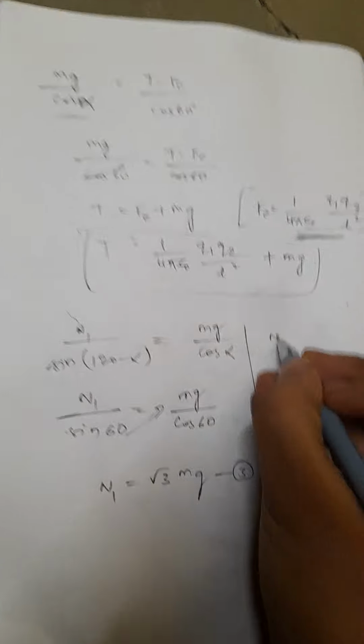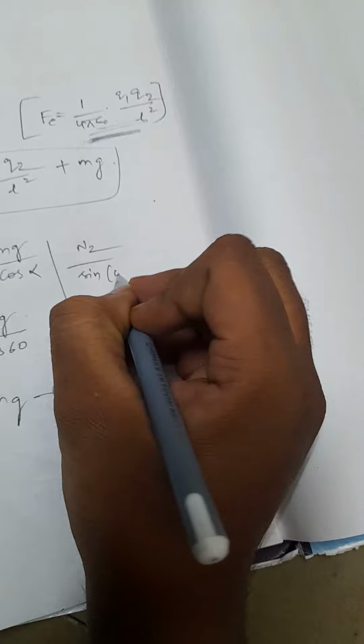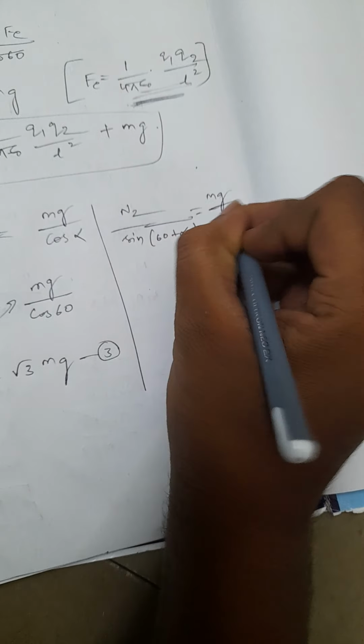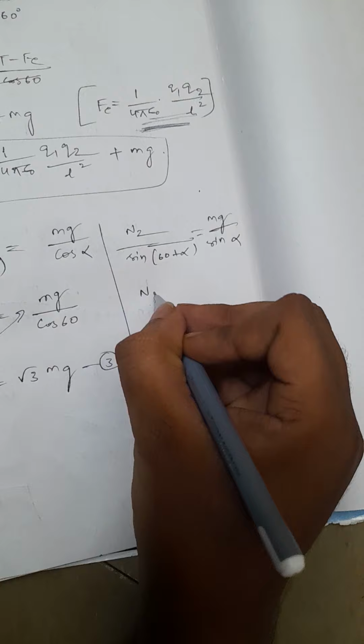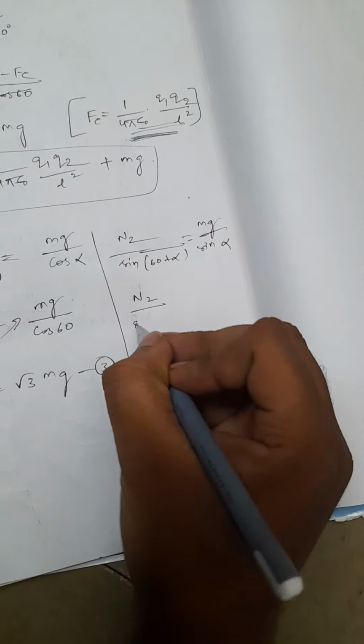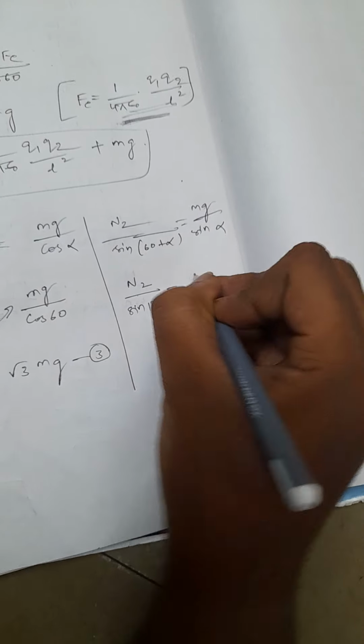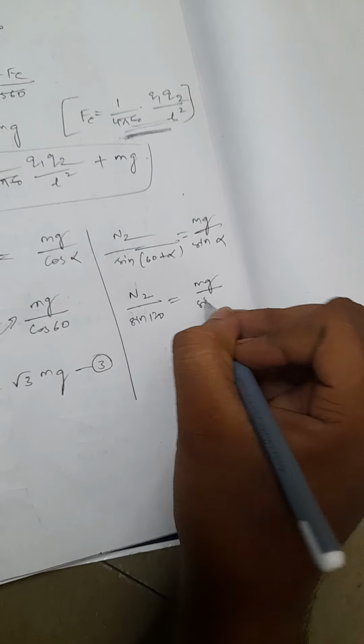Similarly, we can equate the second half, which is n2 by sin 60 plus alpha is equal to mg by sin alpha. So if we equate this, we'll get n2 by sin 60 plus 60, which is 120, is equal to mg by sin 60.